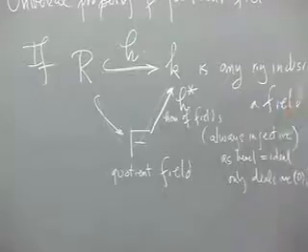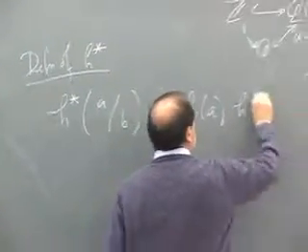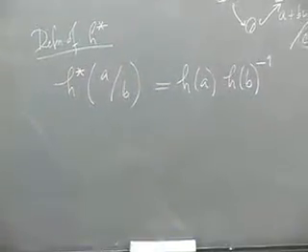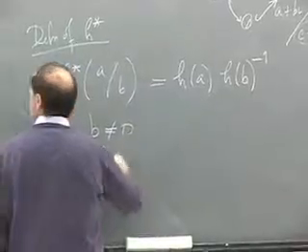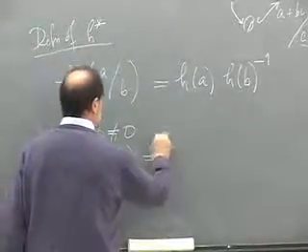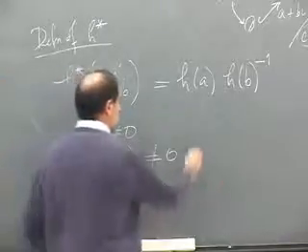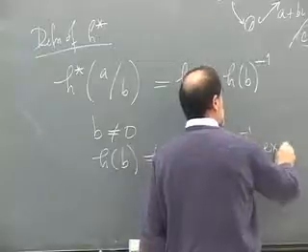So why don't I just define this as H of A times H of B inverse? Because I'm in a field, so whatever H of B is, it's invertible if B is not equal to 0. H of B is also not equal to 0 because it's an injective homomorphism, so it can be inverted. So H of B inverse exists in K.